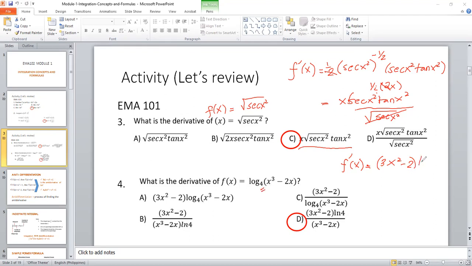You multiply it to the ln of the given base. Our base here is 4. So it should be multiplied by 4. And we divide it by the u itself. So the u itself is x cubed minus 2x. So that's the reason why you are seeing D as the answer. du ln a over u. That's the derivative of log u to the base a as per formula.